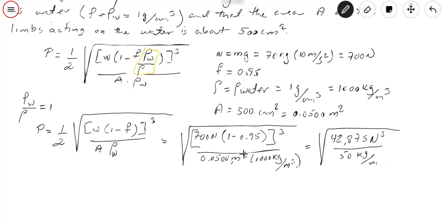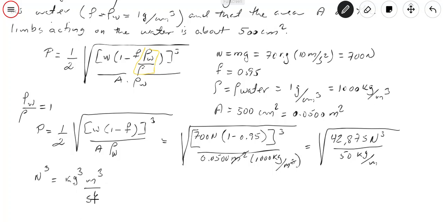I was simplifying here this meter square with two of the meters we have below. Remember that newton to the third would be kilogram to the third, meter to the third, over second to the sixth, because a newton is a kilogram meter per square second.